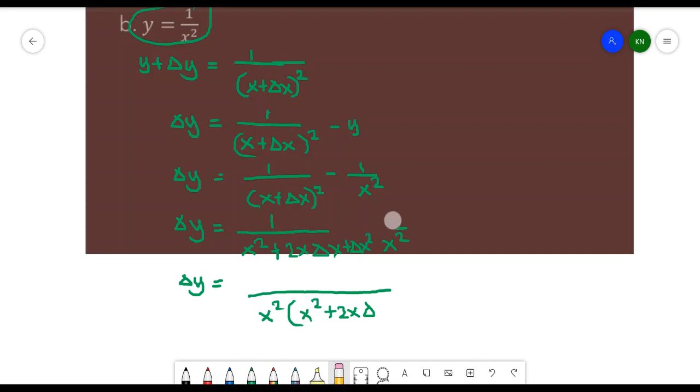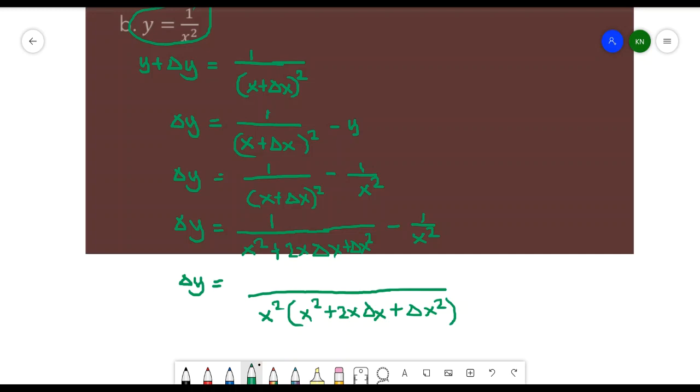So rewriting this one, we have x squared times x squared plus 2x delta x plus delta x squared. So this is our LCD, right? And you already know this from your previous math subject on how to determine the LCD.